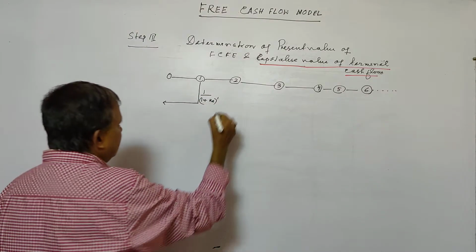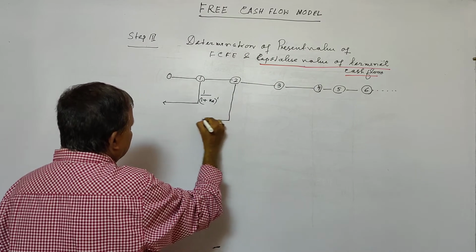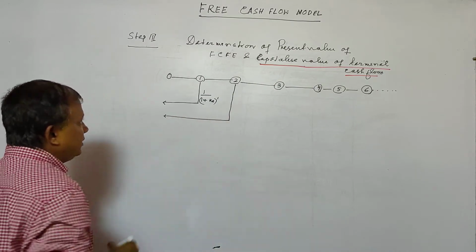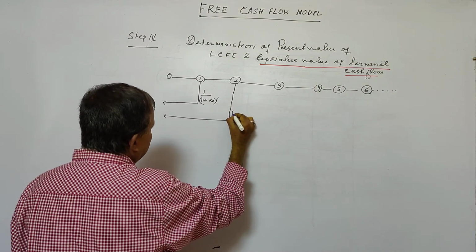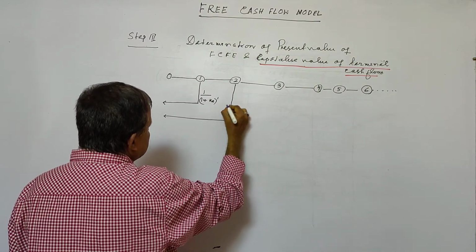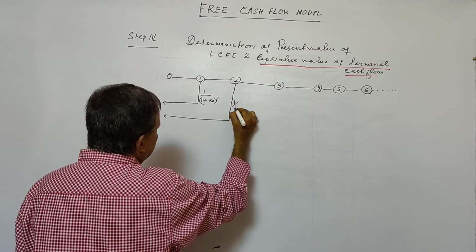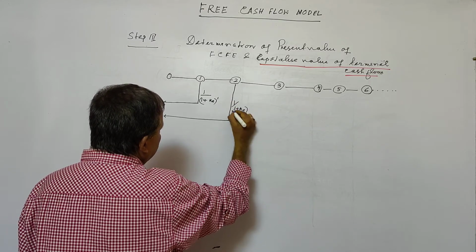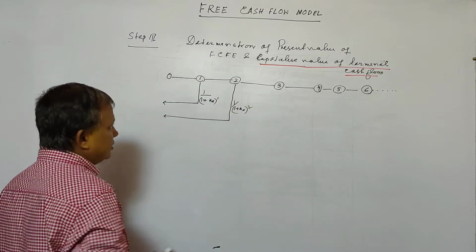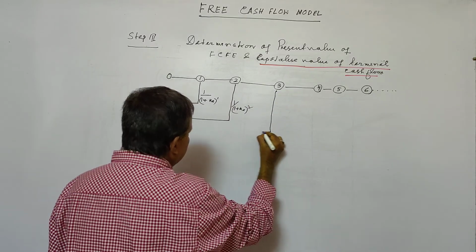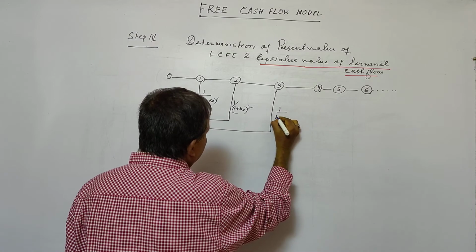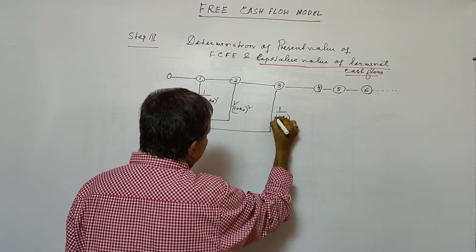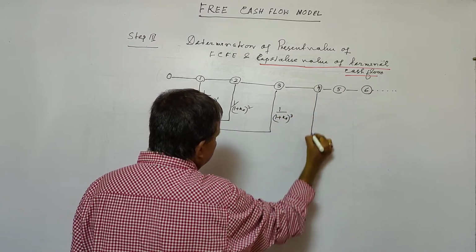In the second year, the cash flow is again converted to present value. Again the same thing, 1 plus ke square. The third year it will again be converted to present value.